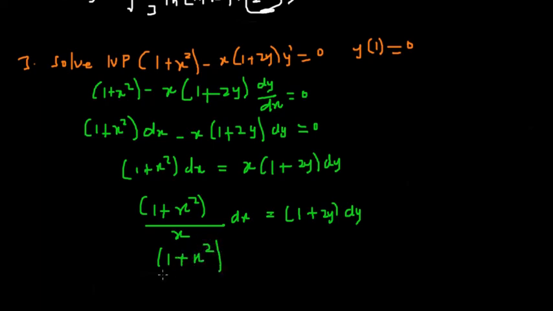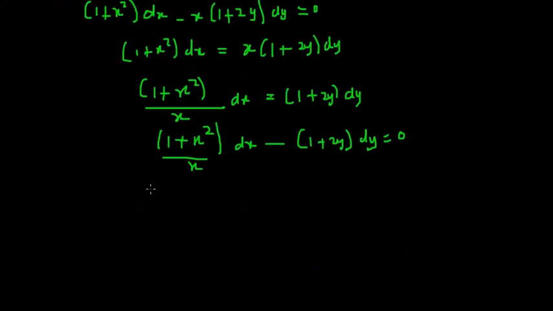So you have this divided by that, the dx, minus, we are bringing everything back, so you have minus, open bracket, 1 plus 2y, dy equals 0. So now let's integrate.